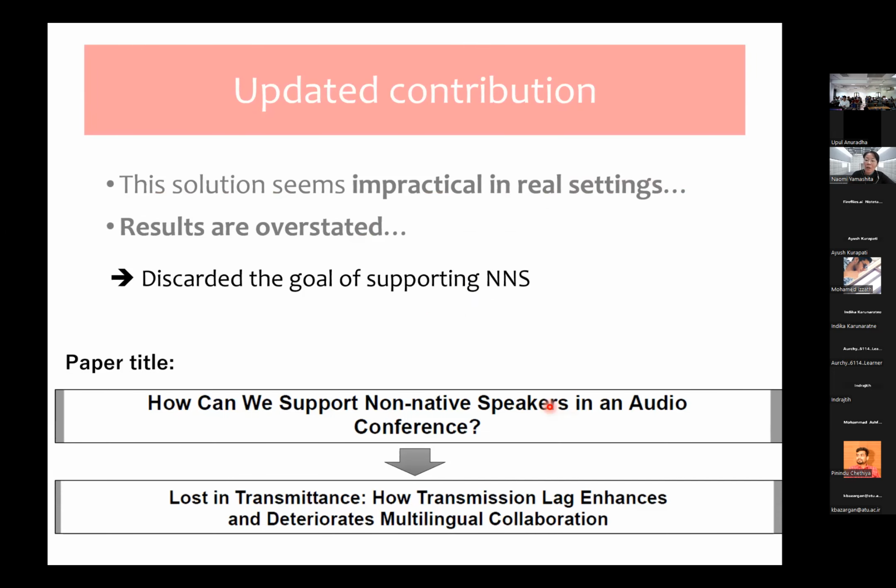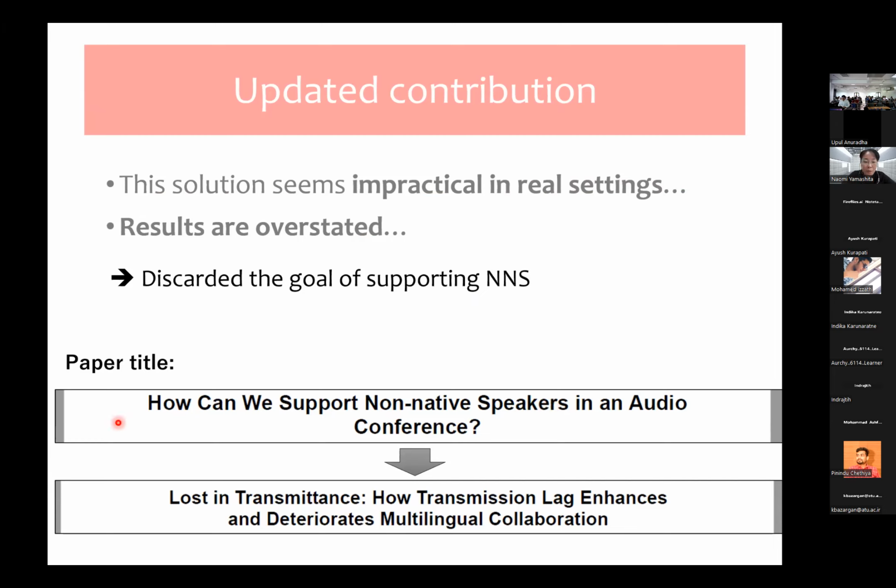And for the comments which seemed more fundamental, we decided to discard the goal of supporting non-native speakers because it actually did not support non-native speakers, right? So instead, we reframed the paper to explore the impact of transmission lags on multilingual collaboration.